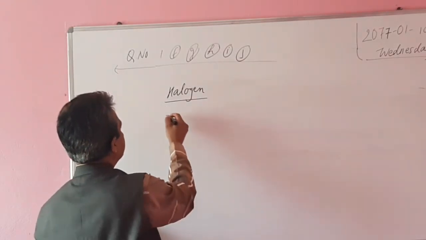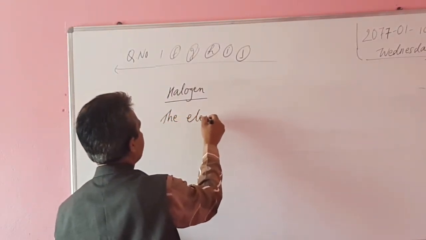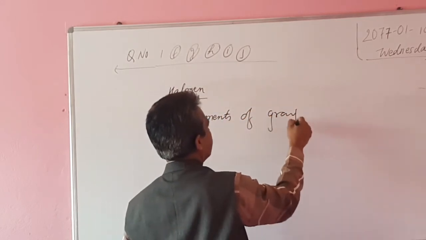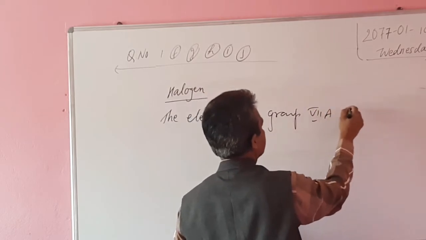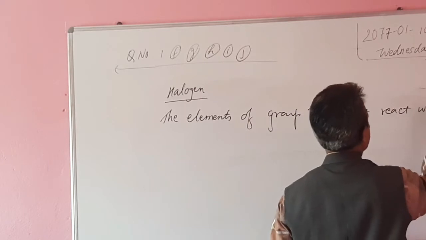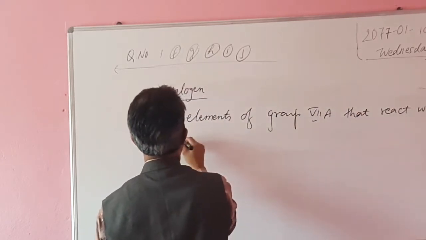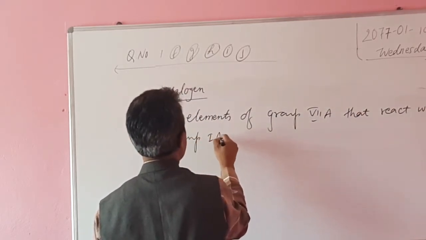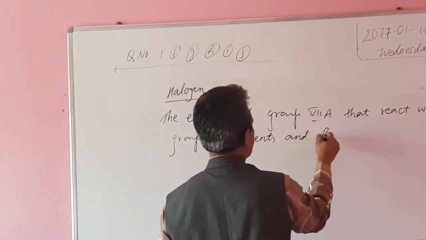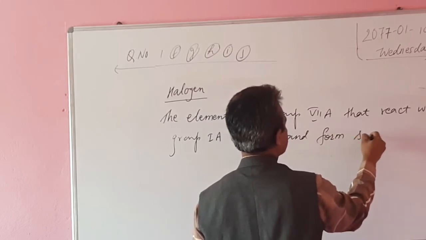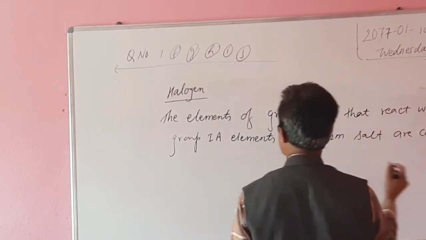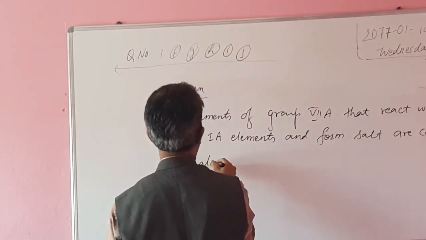So the elements of group 7A that react with group 1A elements and form salt are called, what are they called? Halogens.